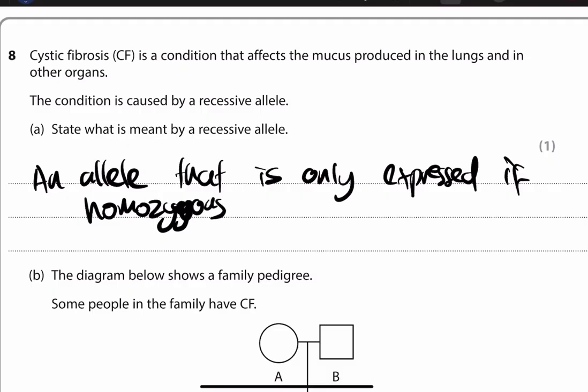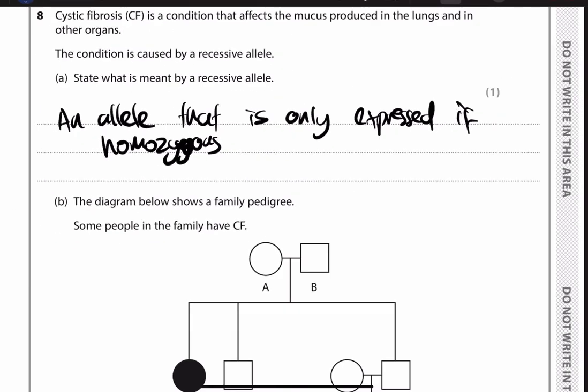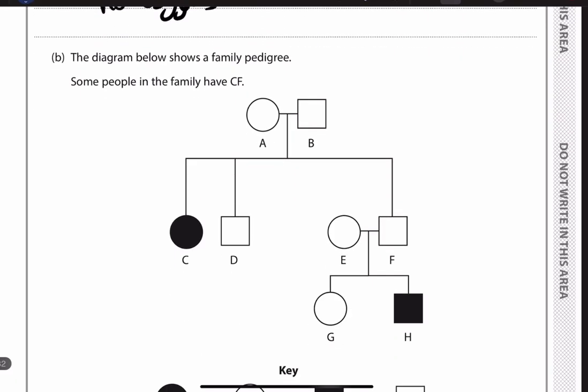This idea is that we need 2 of this allele for it to be expressed. Just the most easy way that I've always thought of it, but there's so many things you can say. You can say it's an allele that's not always possessed, an allele that is only expressed if there's 2 copies, that is not expressed in a heterozygote, right? So many ways you can say it.